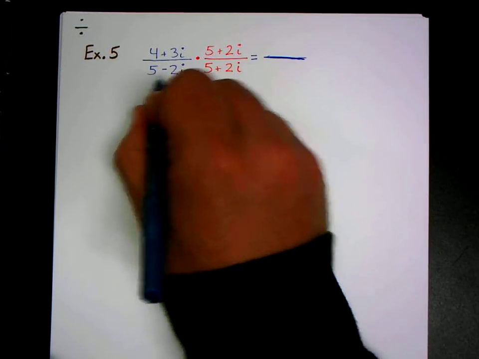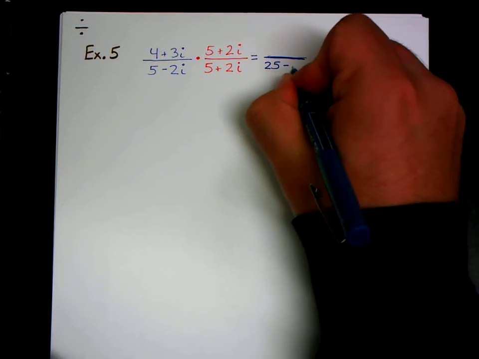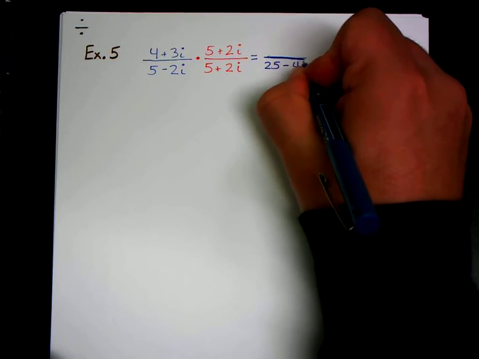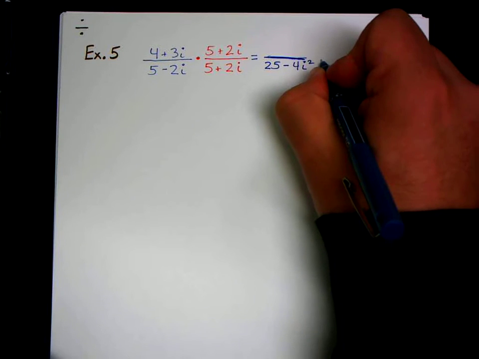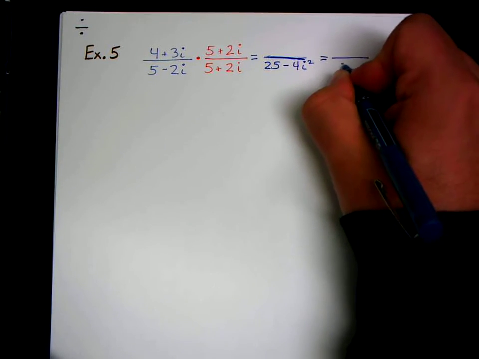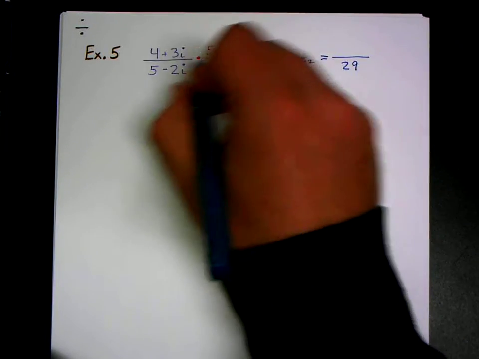So whenever you multiply this, what you're going to get is 25 minus 4i squared. So that would just be 29. So our square root is no longer in the denominator, so now we can actually divide. Now we have to deal with the mess on the top also.